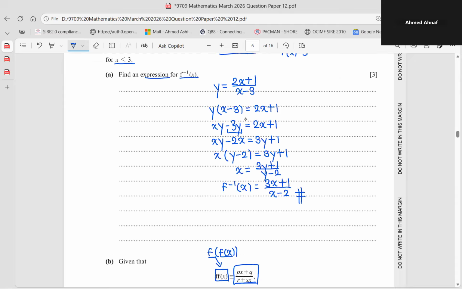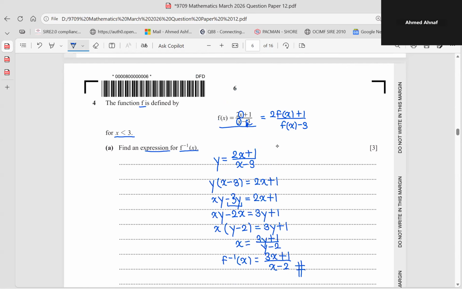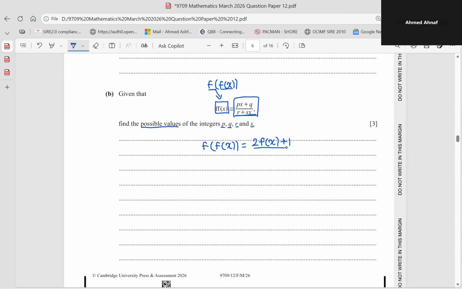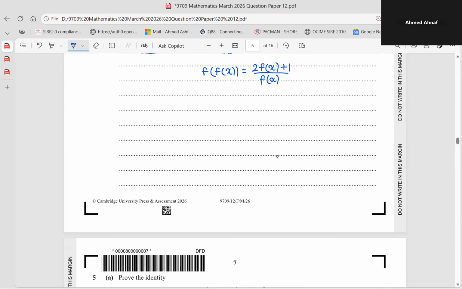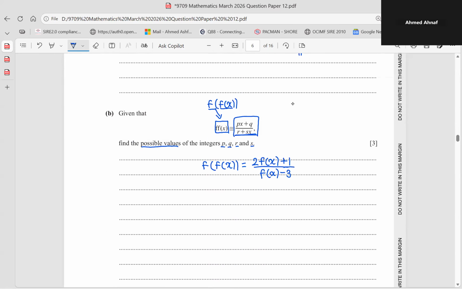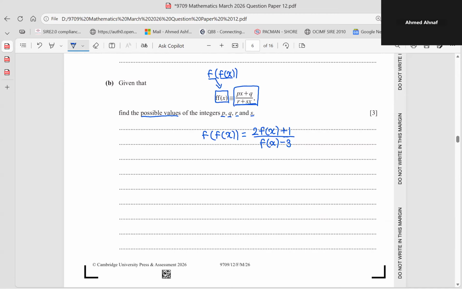Okay, so let's copy that definition down, like what I wrote on the top. So just 2f(x) plus 1 over f(x) minus 3. Okay, and let's deal with the numerator and the denominator separately.